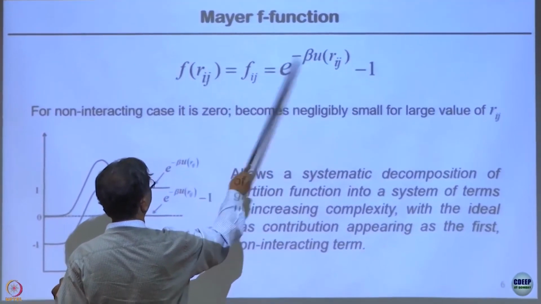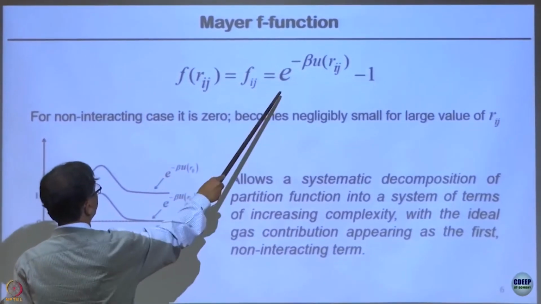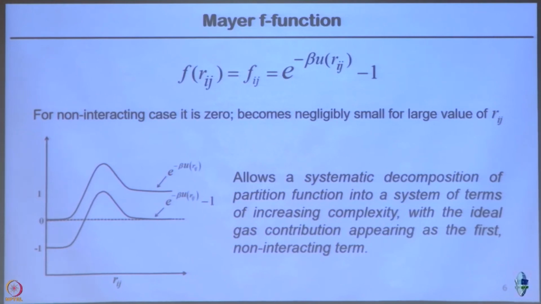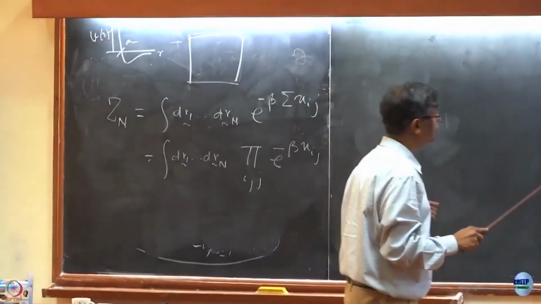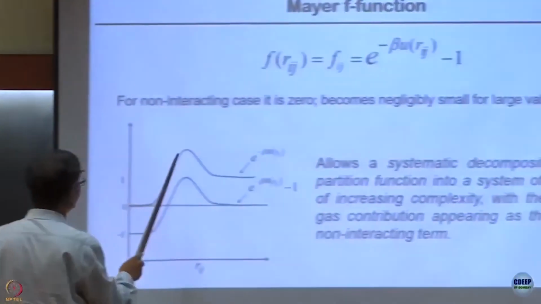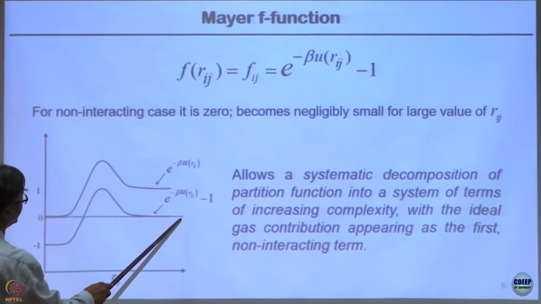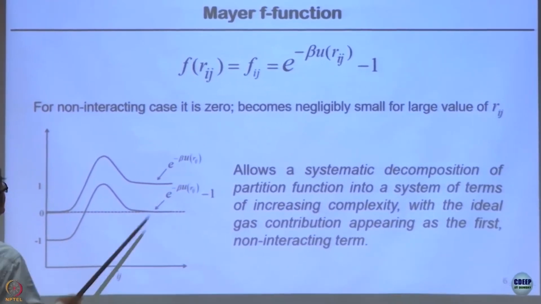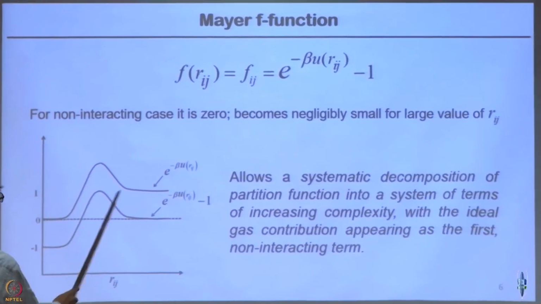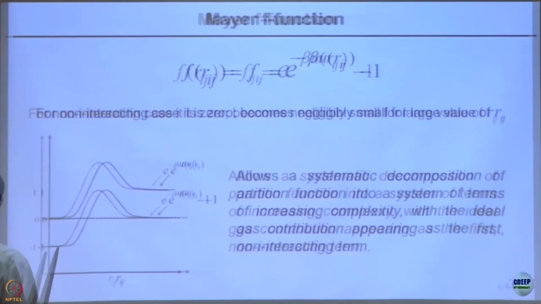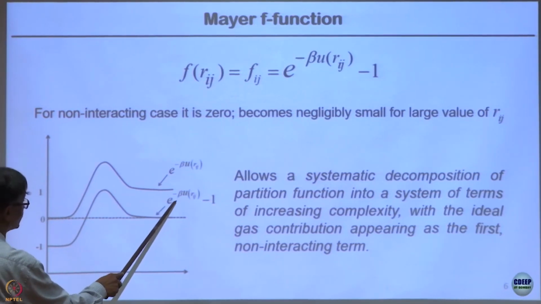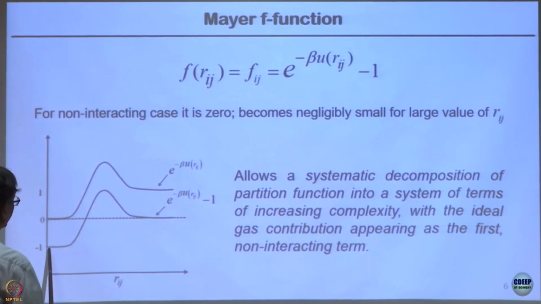You bring this here. Now, this simple trick allows the following advantage. When r goes to infinity, u of rij goes to 0, and e to the power minus beta u goes to 1, so with the minus 1 taken out, it goes to 0. However, when r goes to 0, in the repulsive part of the potential, u of rij goes to infinity, e to the power minus beta u goes to 0, and f goes to minus 1.